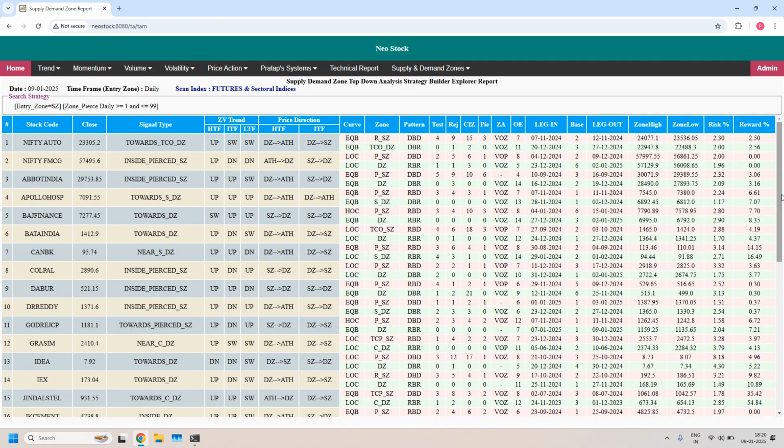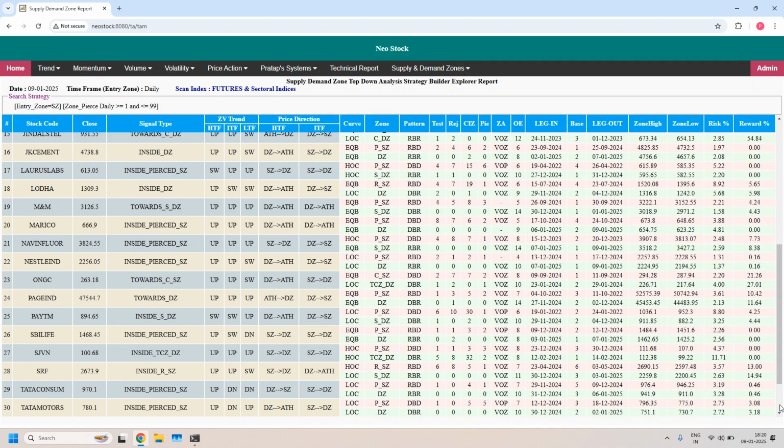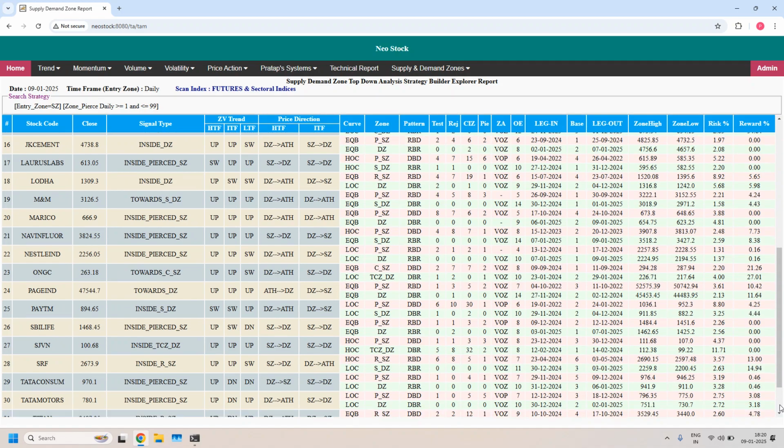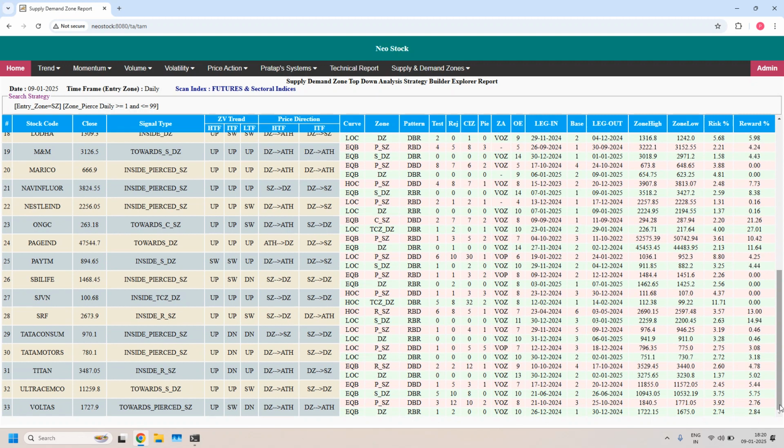So I am displaying first 15 stocks, pierced daily supply zones. I am scrolling the list down. So total 33 stocks are filtered. These are the daily pierced supply zones. Out of these 33 daily pierced supply zones, how many are having EMA confluence?